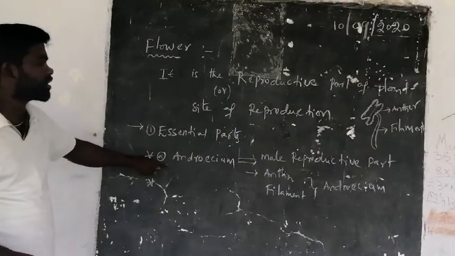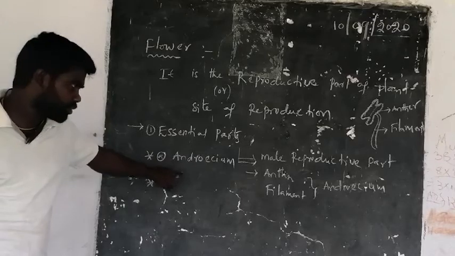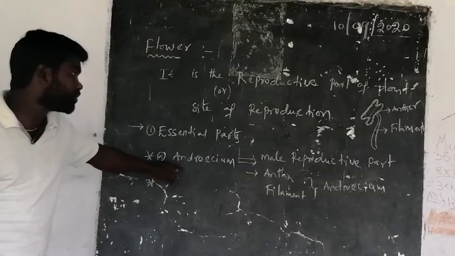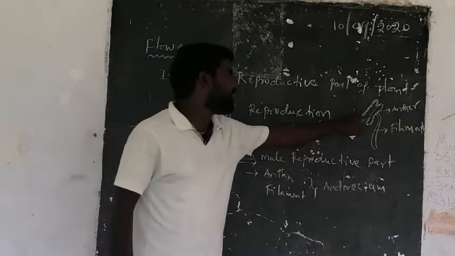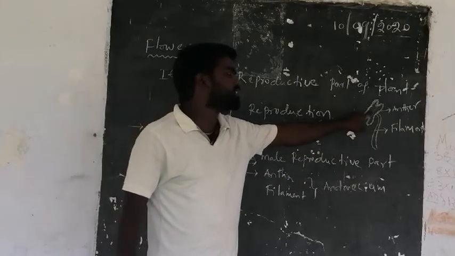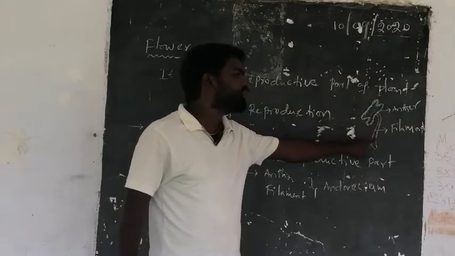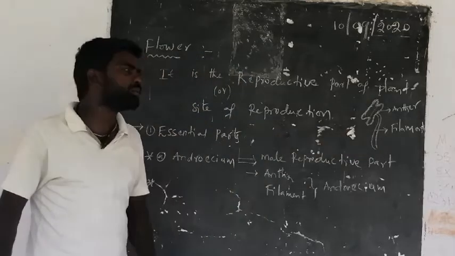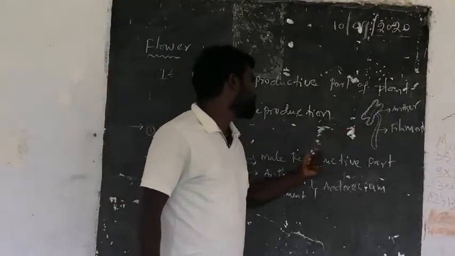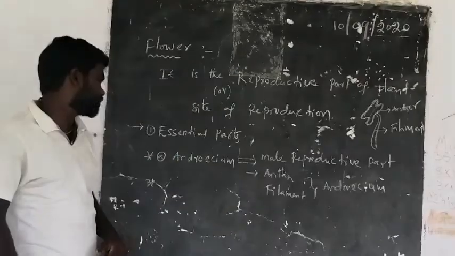This male reproductive part of the flower is nothing but androecium, consisting of two parts, anther and filament. The upper bulged part is called anther and the lower stalk-like structure is called filament, and the combination of anther and filament is the androecium.